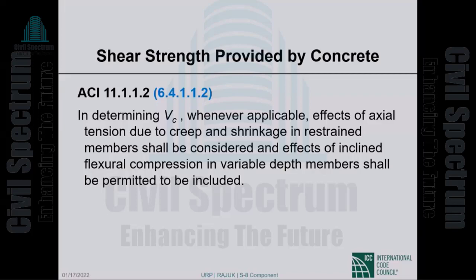Any compression will improve V sub c, and we are saying that if there is actual compression, as there will be in inclined members, that shall be permitted to be included. You don't have to include it, but you are allowed to include it. In the case of tension, you have to consider it. It takes away from V sub c.